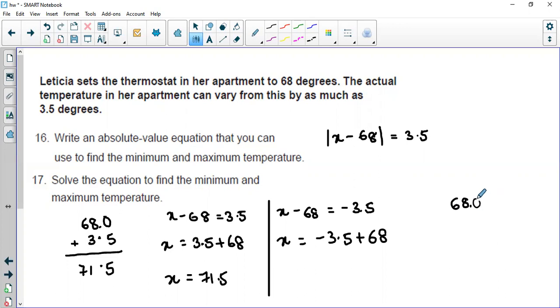After 68, which means it is 68.0 minus 3.5. So subtract it, you will get 64.5. So x is going to be equal to 64.5. As I told you before, if you add 3.5 or if you subtract 3.5, you'll get the answer. That's what basically we have done here. Added 3.5 and here we have subtracted 3.5.